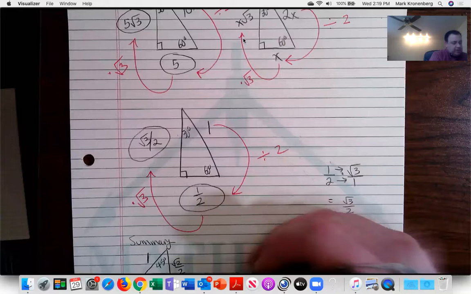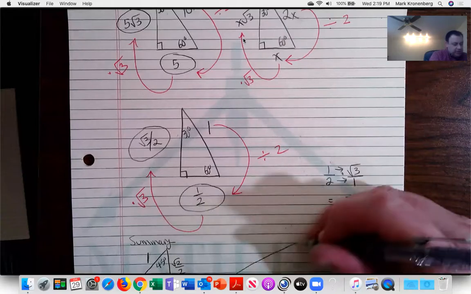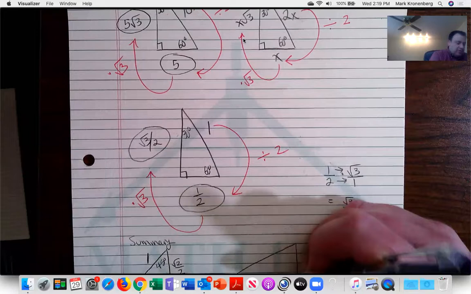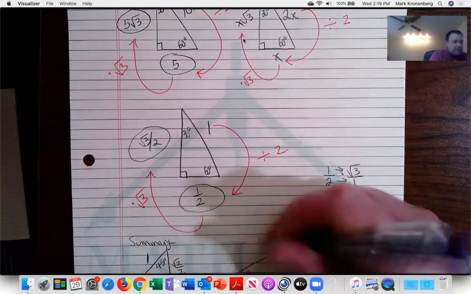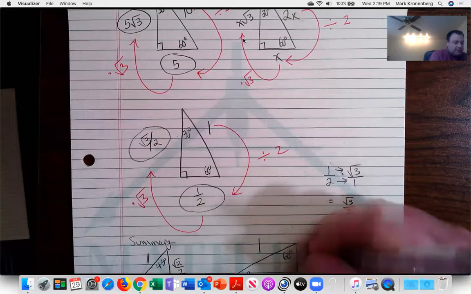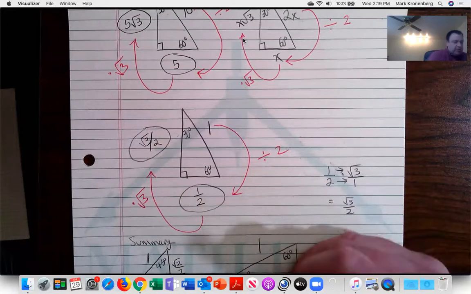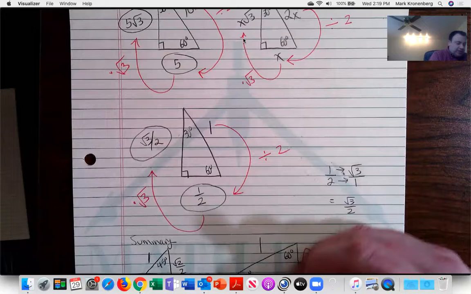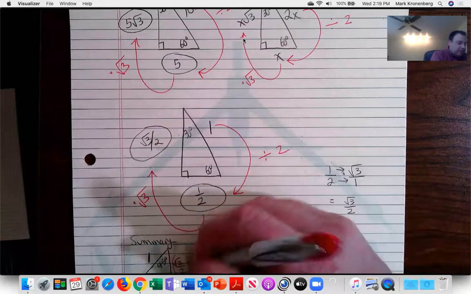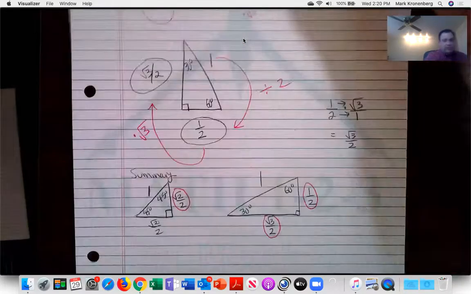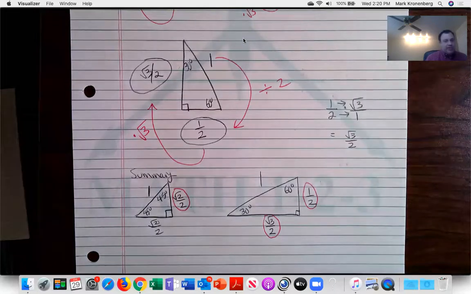And in a 30, 60, 90 triangle, let's say we turn it this way, the hypotenuse is 1, the short leg opposite 30 is 1/2, and the long leg is root 3 over 2. So all of the unit circle is going to boil down to just these 3 numbers. The only thing that's going to change is positive or negative based on quadrants. You only have to know 3 numbers to be a master of the unit circle, and we'll talk about that in another lesson shortly.